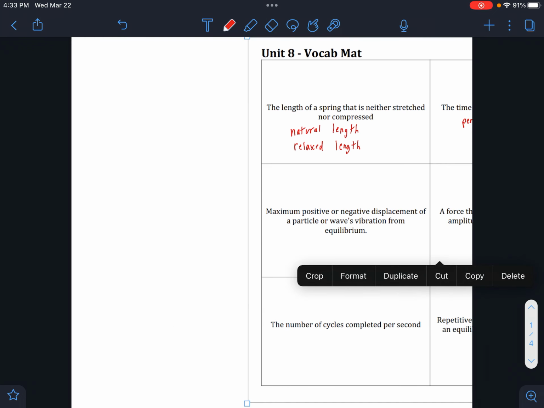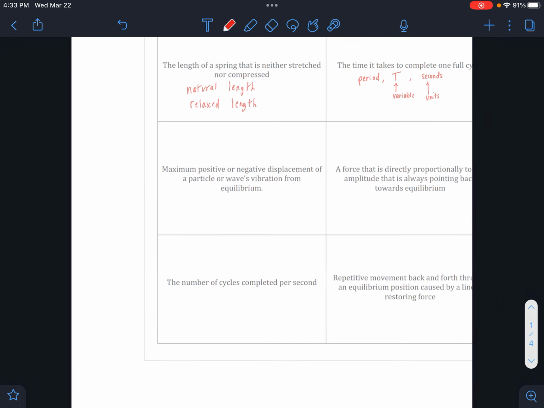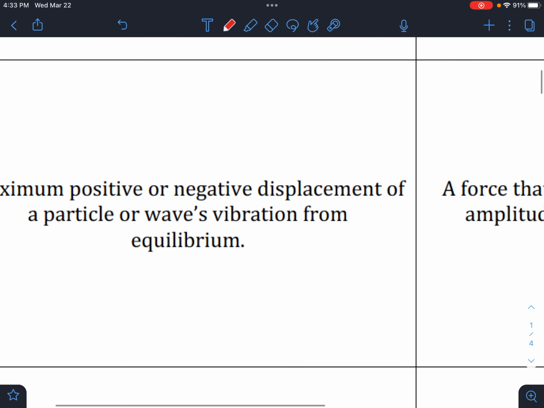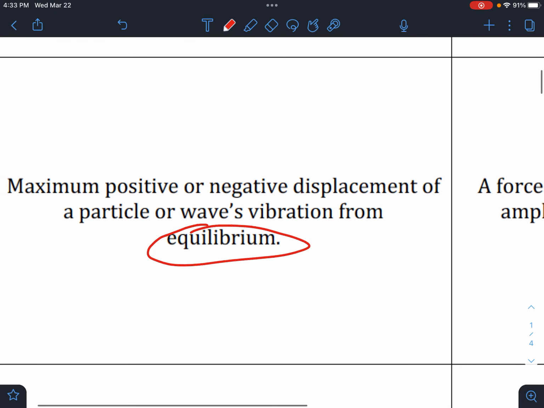Okay, let's keep going. All right, so the maximum displacement from equilibrium. So I'll show you what equilibrium is in a moment. But basically that's when the spring, the end of the spring, is at its relaxed length. But I'll give examples of this. So displacement, that's a vector. So that's distance and direction.